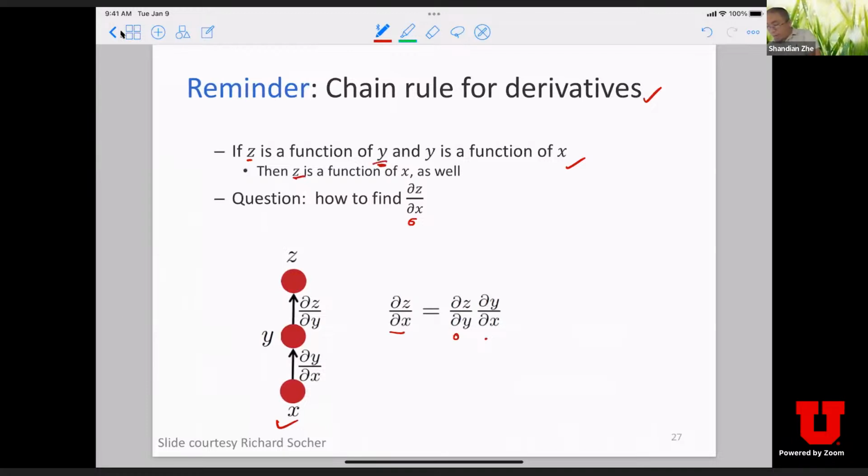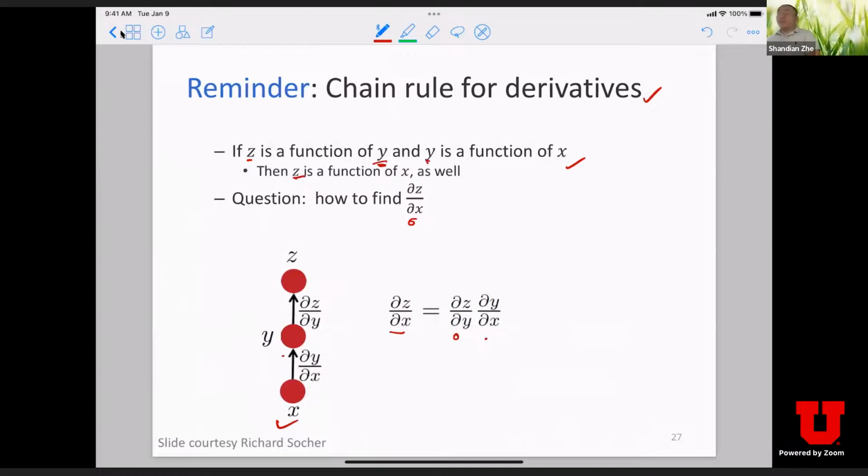That means we have an edge starting from y pointing to z. Similarly, y is a function of x, so we draw an edge from x to y. The direction of the edge, this arrow, just indicates who is a function of whom, right?